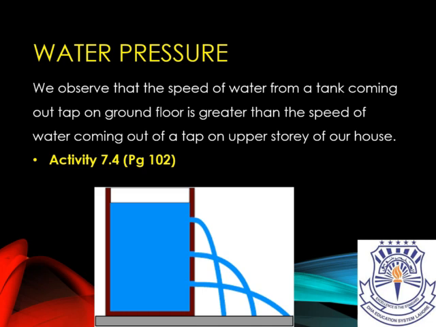So for that purpose we have an activity in our book. That activity is that we have a bottle or a tank with 3 holes, 1, 2 and 3. You can see that the water coming out from number 1 reaches that location because the pressure at that hole is not very high.